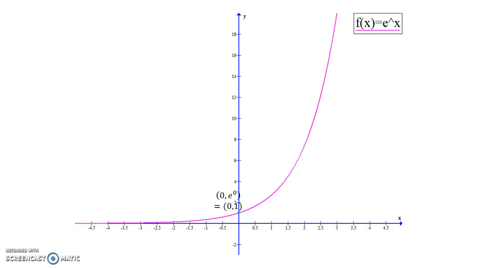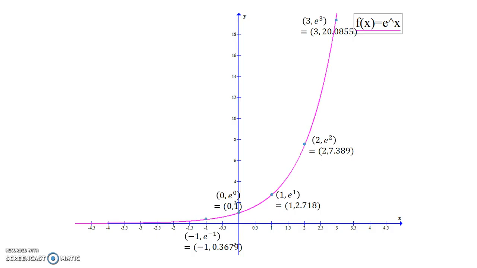Well, every other exponential function in this format, something to the power x, will go through 0, 1, but it goes through 1, e and 2, e squared and 3, e cubed and -1, e to the -1 or 1 on e, and -3, 1 on e cubed. So that shows you how this works.